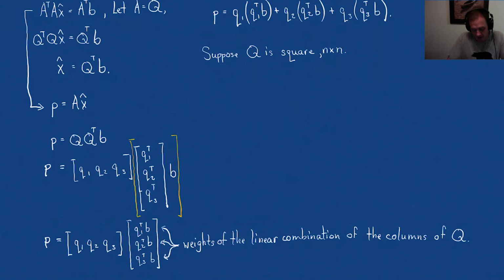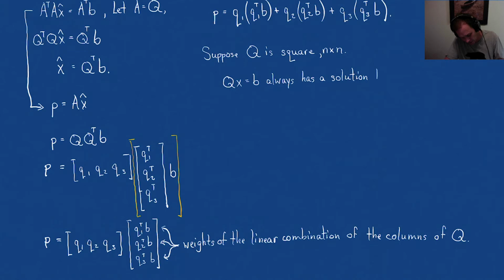That means that if you were to row reduce Q, you would end up with the identity matrix. So in other words, you have a full rank matrix. Or in other words, QX equals B always has a solution.